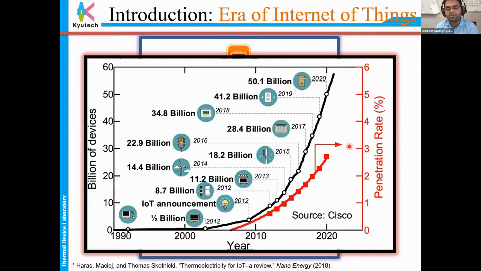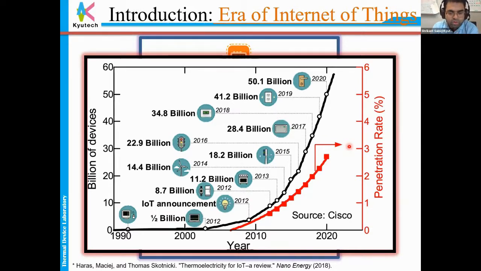That means this has a lot of scope, as well as a lot of work to do to make it better, because there are many places where you have devices and need an energy source, and those sources need maintenance, or you have to change the battery, or keep an eye on those devices, or sometimes those devices need to work in the dark.